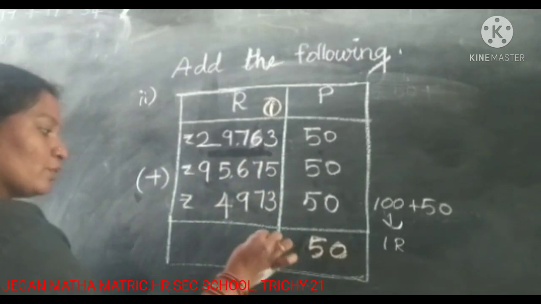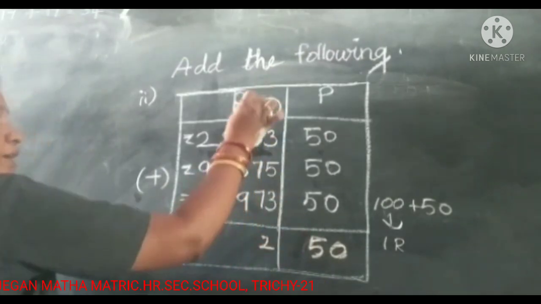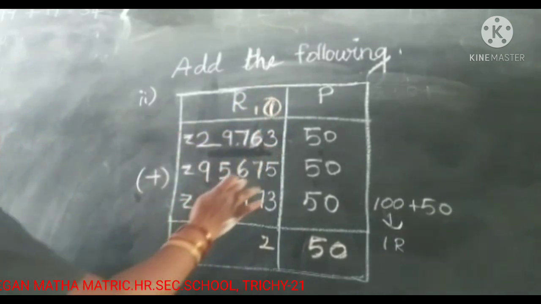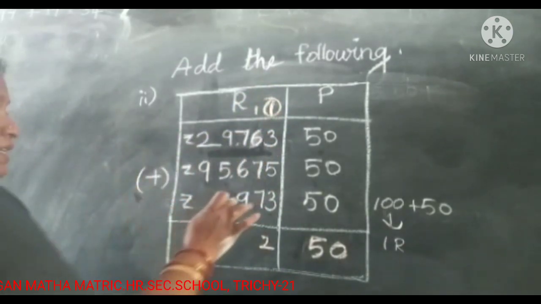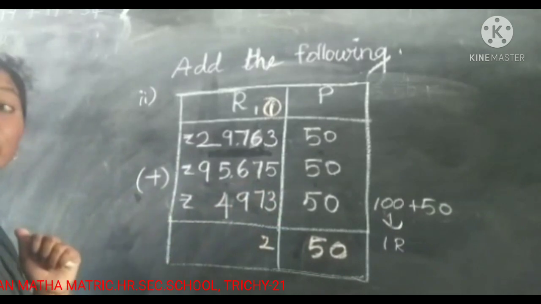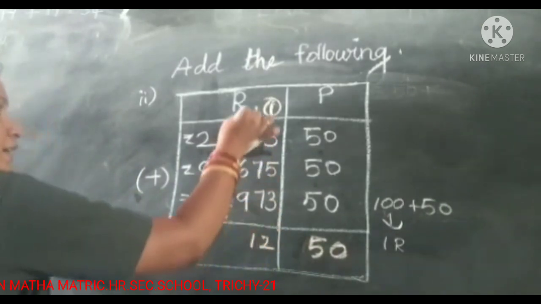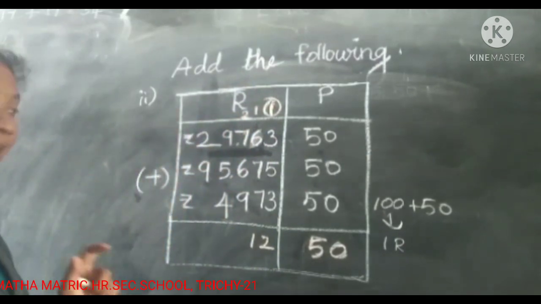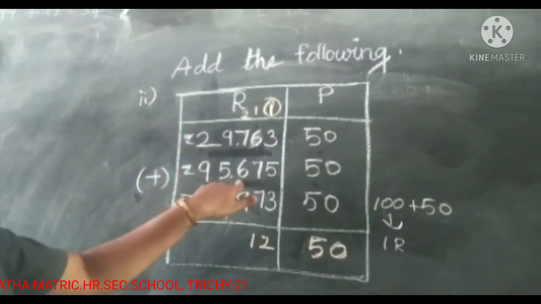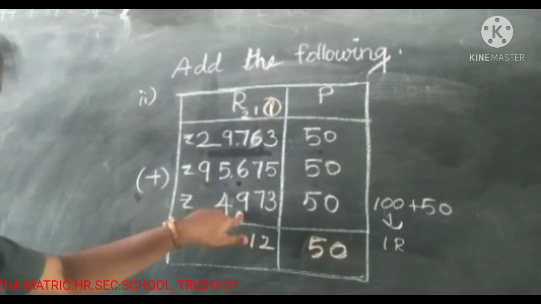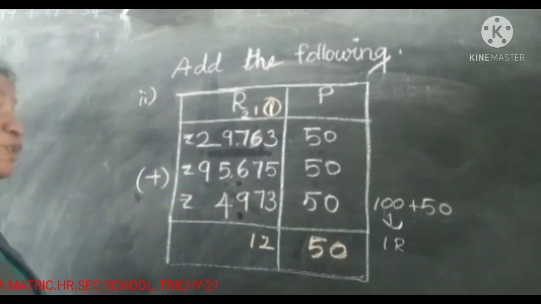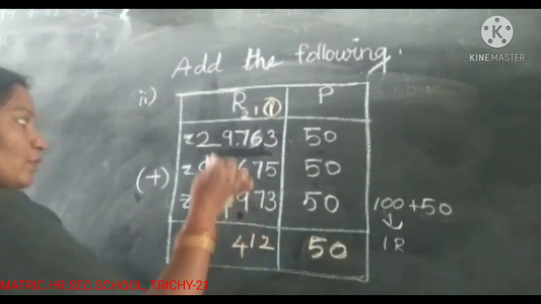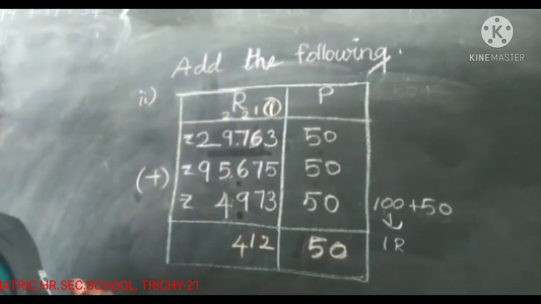So 2 remaining 1. 1 plus 6 is 7. 7 plus 7 is 14. 14 plus 7 is 21. So 1 remaining 2. And 2 plus 7 is 9. 9 plus 6 is 15. 15 plus 9 is 24. 4 remaining 2.